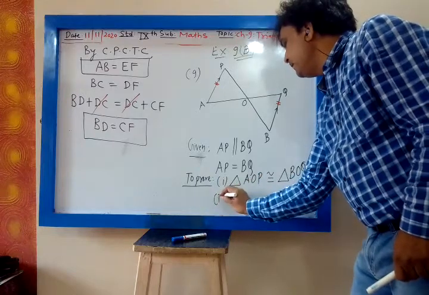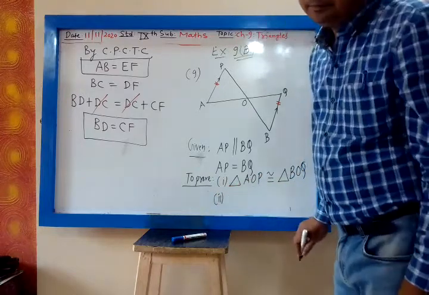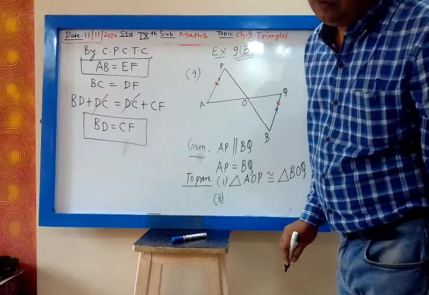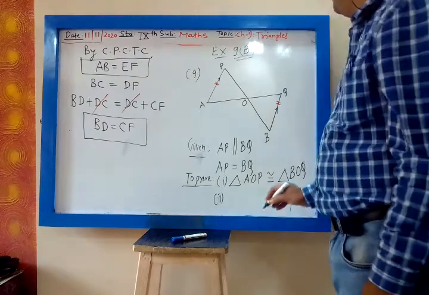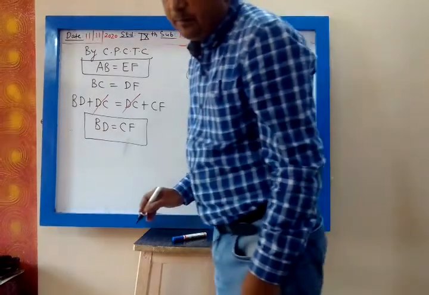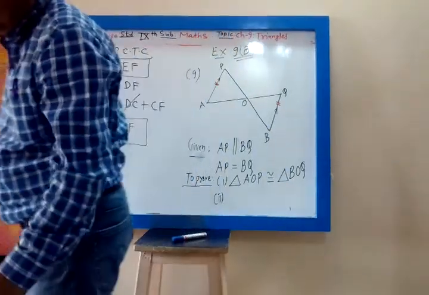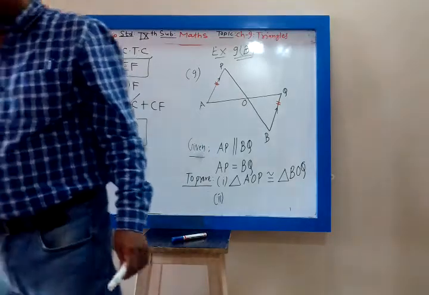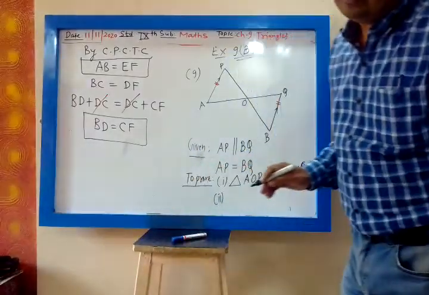And second part, AB and PQ bisect each other. In given we write everything, no. AB and PQ bisect each other.